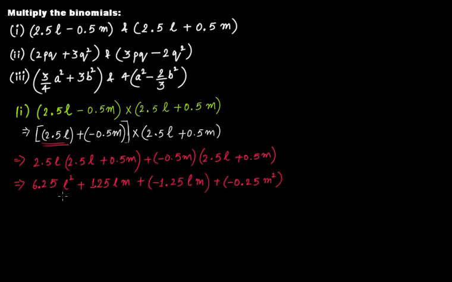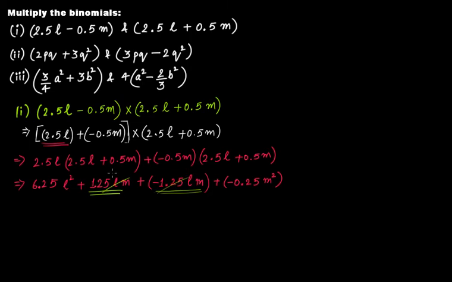Now if you look at these two terms, that is 1.25 LM and minus 1.25 LM, these are like terms because you have LM here and LM here, that is, the algebraic factors are the same. This is plus 1.25 LM, this is minus 1.25 LM, therefore you will get 0 from this.